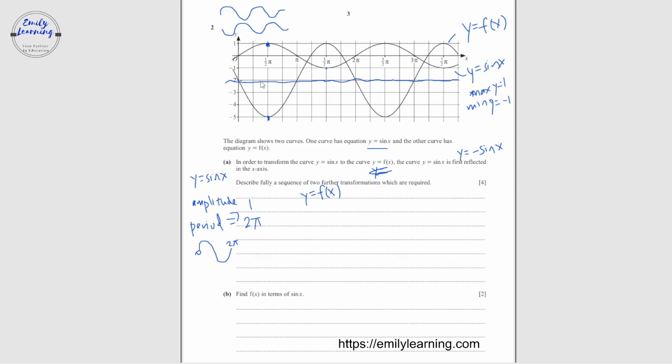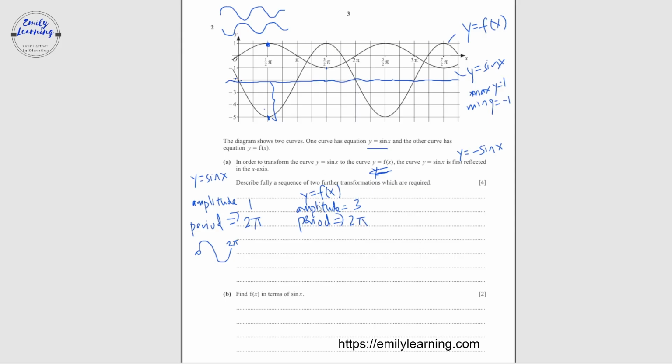So based on this, I know that the amplitude is actually 1, 2, 3 units. So for y equals f(x), the amplitude is now 3 units, right? And I know that the period still remains as 2 pi. See, it takes 2 pi to complete one cycle.